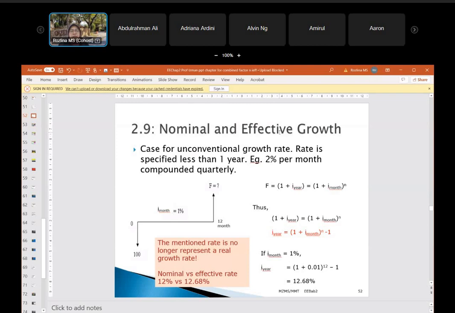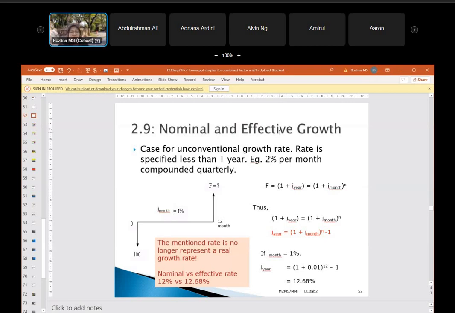Okay, so where should I start? There are some methods. Oh, this is what I wanted to say. Okay, why do we have the nominal and effective growth? Normally we have the compounding. Okay, let's say 12% per year, compounding annually, compounding quarterly or compounding semi-annually.